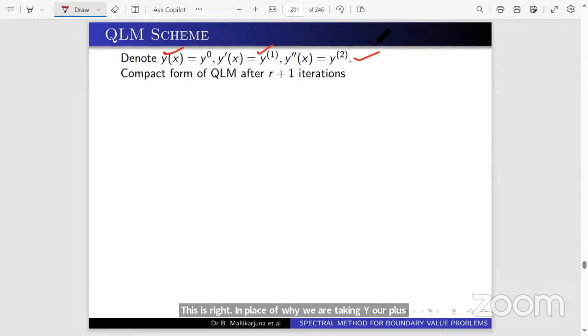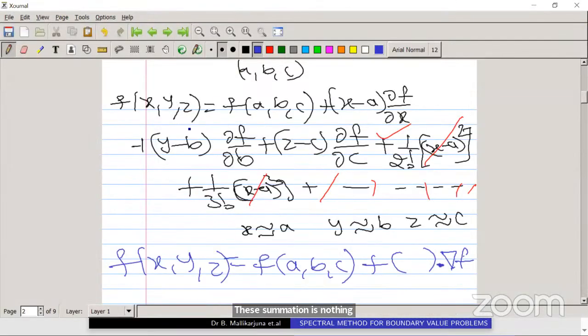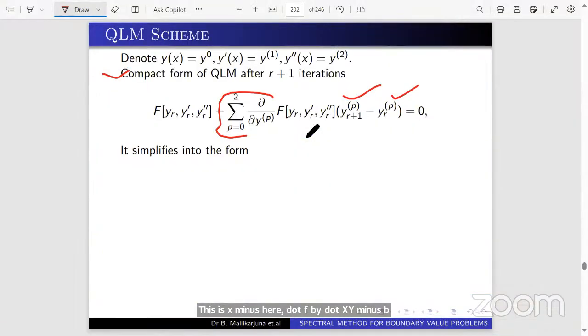That's all, there is not much difference here. Now this summation is nothing but x minus a dou f by dou x, y minus b dou f by dou y, z minus c dou f by dou c, like that. It is a short form of that.